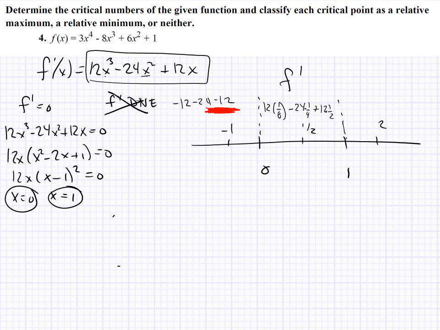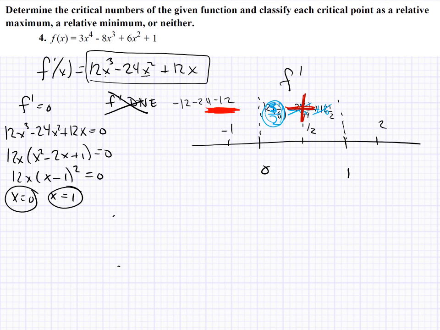So if you look at what happens here, if I simplify this fraction right here, I would get, what, 3 halves. So that's 3 halves minus 24 divided by 4 would be 6, plus 12 divided by 2 would be 6. So the minus 6 plus 6 cancel, I get 3 halves. 3 halves is positive, so that's a positive right there.